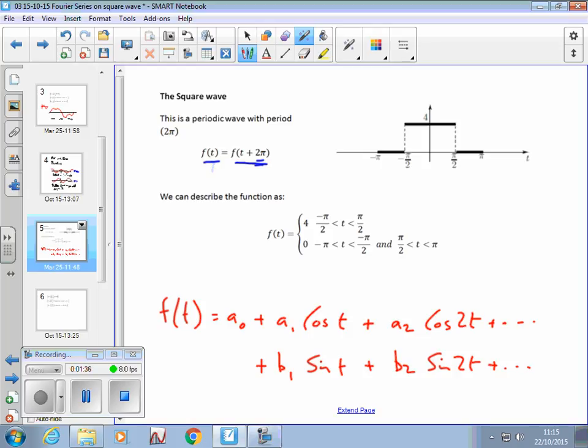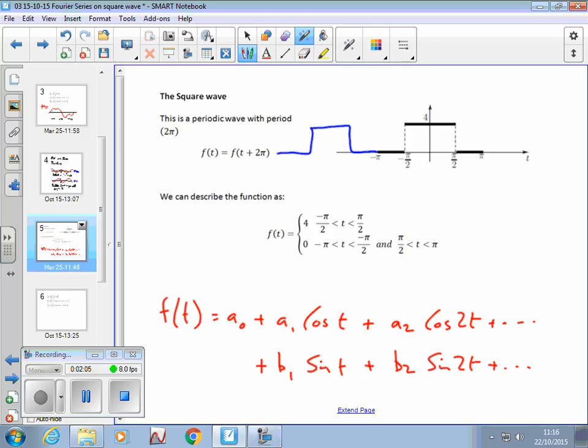So if I were to take this point, say, then 2 pi later, which is here, it looks exactly the same. If I take this point, and it's 4 volts for example, and go 2 pi later, again it would be 4 volts. In other words, it's the same values as we go along. It's periodic with period 2 pi. So if I were to carry this wave along this way, it would look like this.